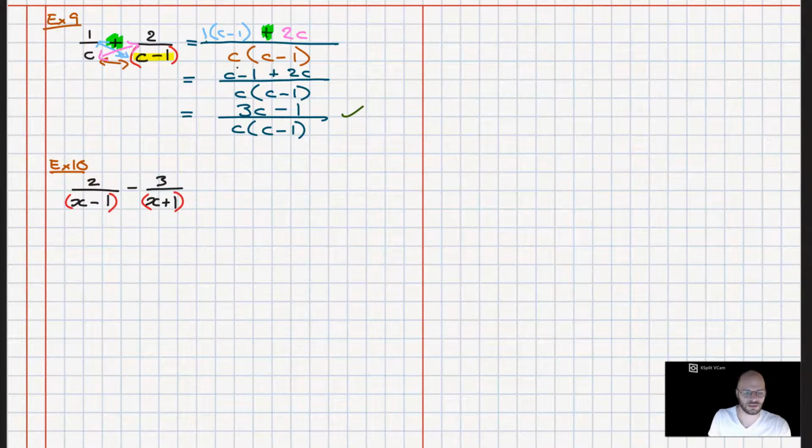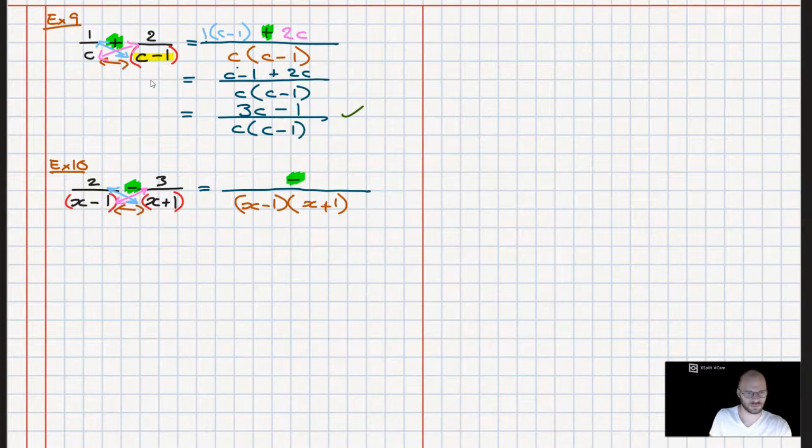And once again, different denominators, so we need to multiply the two denominators together, and then we need to cross multiply. Alright, doing that, what we're going to get in the denominator is x take 1, x plus 1, like so. Line in the operation, in this case it's minus, don't want to forget that.